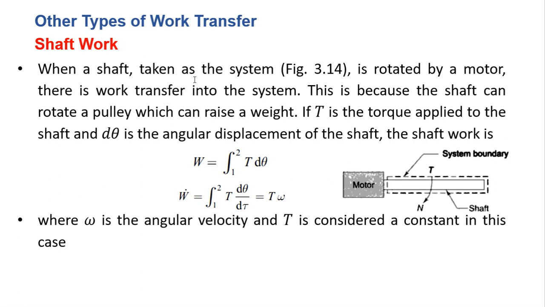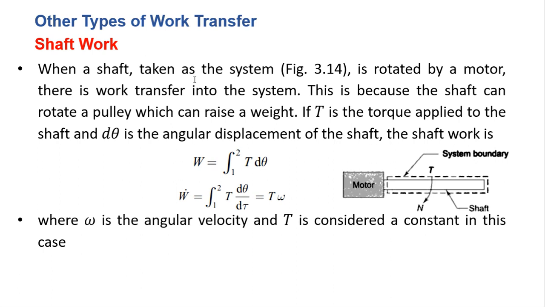There is a torque applied from the DC motor. If T is the torque applied to the shaft, and d theta is the angular displacement, then the shaft work can be written as torque into d theta.